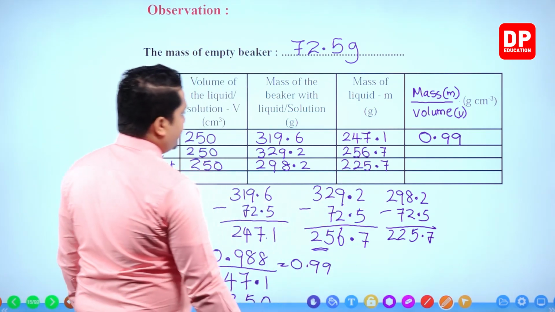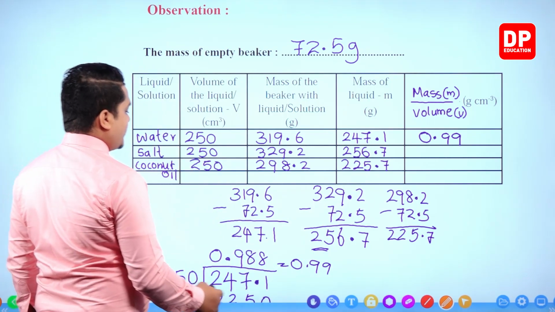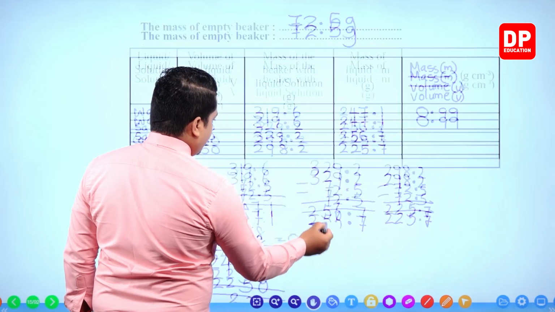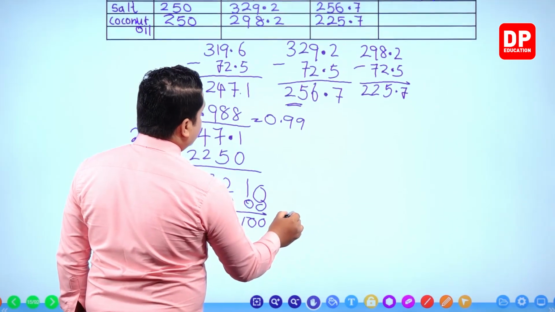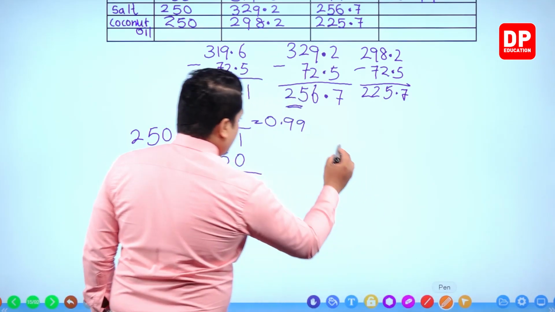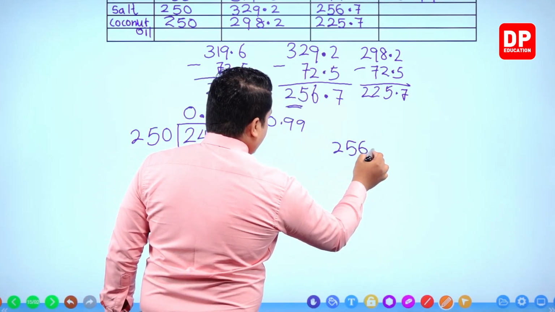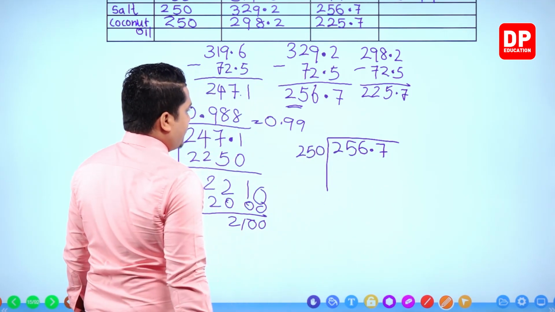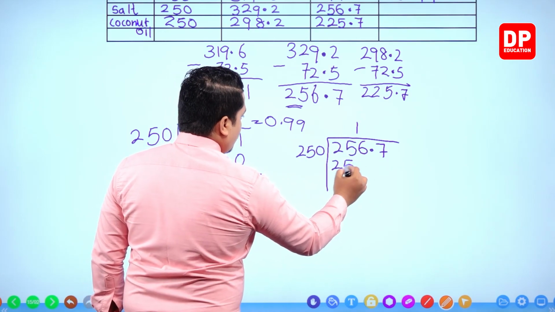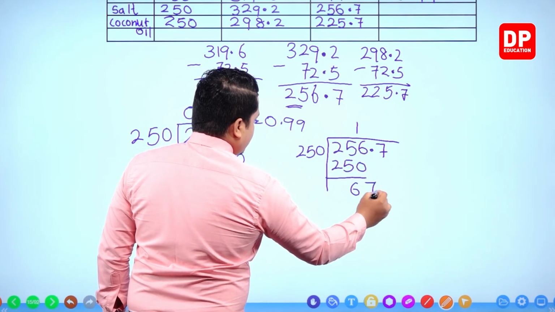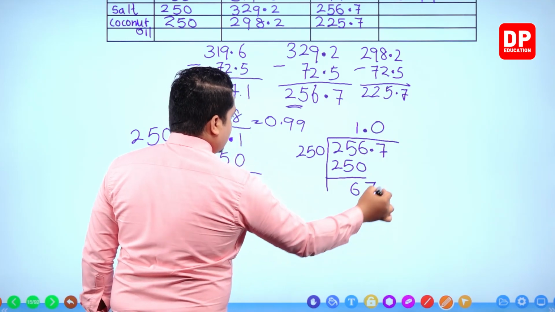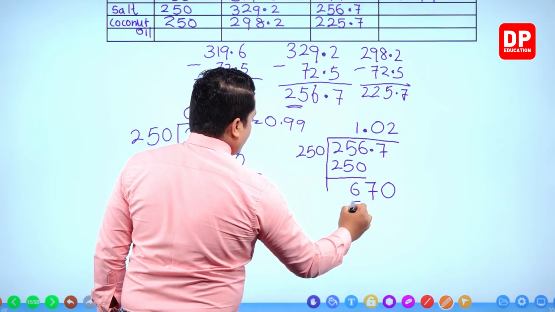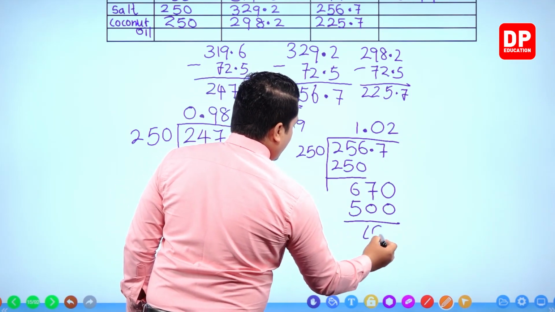Here 256.7 should be divided by 250, right? We'll divide 256.7 by 250. Here 1, 250, 67, 0, 670. There is around 2, 500, 170.